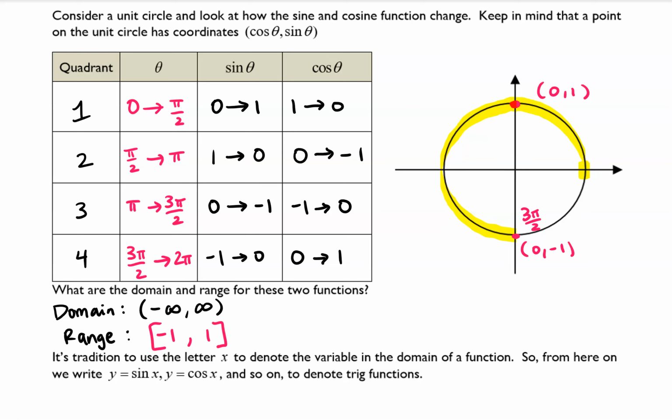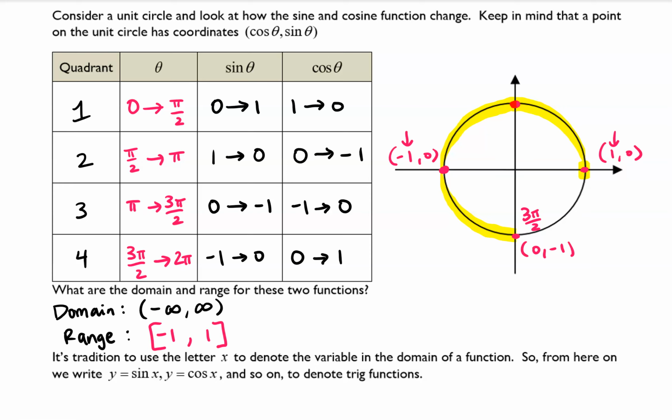We just illustrated that for sine, but the same thing happens with cosine. The smallest cosine value happens when the x value is -1, and the largest cosine value happens when it's equal to +1. So both sine and cosine have the same domain, and they also share the same range, which we have written here.